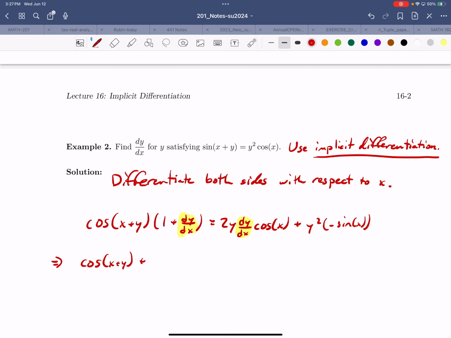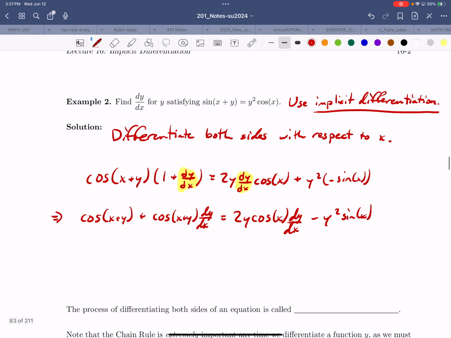Cosine of x plus y plus cosine of x plus y dy over dx. Right? I just distributed, right? Equals, and I'll keep this mostly the same. I think I'll tack on the dy over dx at the end just so it pops a little bit more. And I'll just make this a minus y squared sine of x.